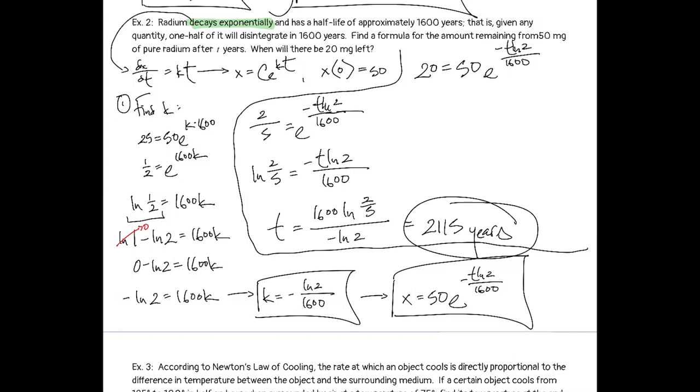Quick question. Yes, sir. If we come up with an answer, and let's say it was 2115 years, but it was like 0.2 something, do we always round up to the next year? It depends. With rounding, especially with something as long as this, I think a whole year is fine.